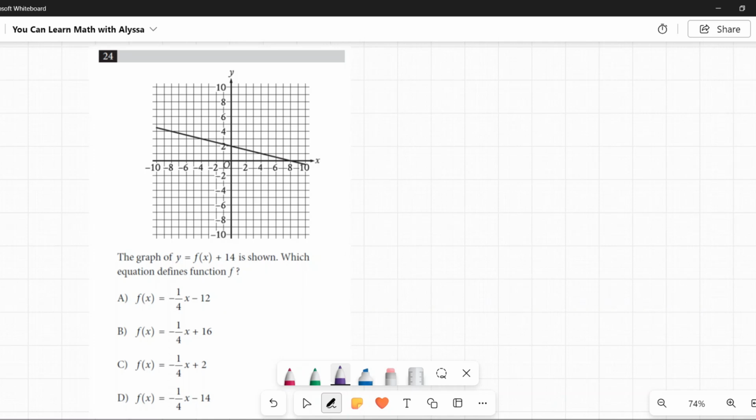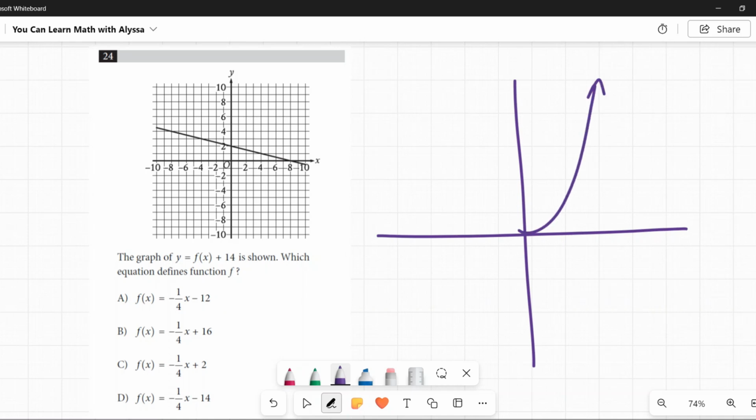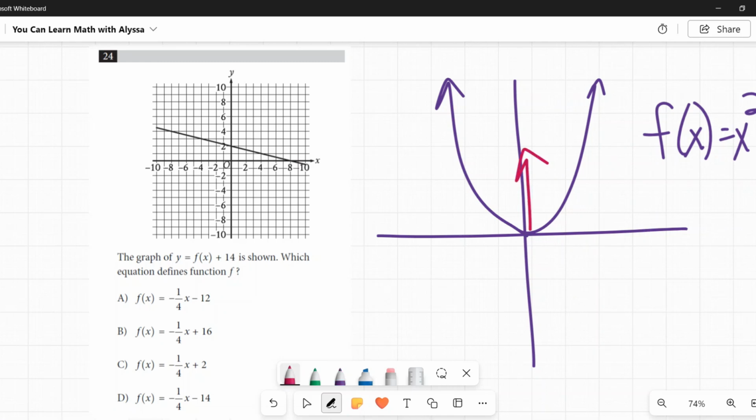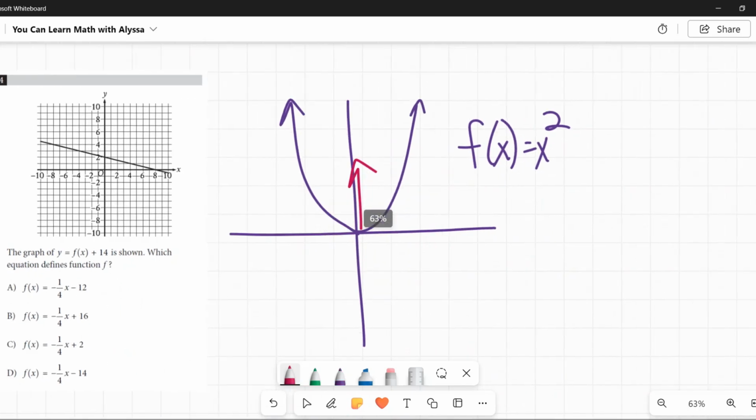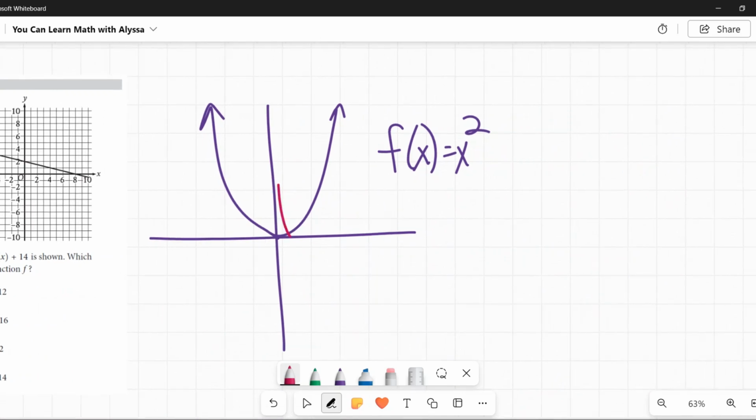So actually, I'm going to do a quick little aside here and just show you the basic rule. If I have a function like f of x equals x squared, and I want to move it up 2, the way you make it move up 2 without changing any other way is you add 2 on the outside.